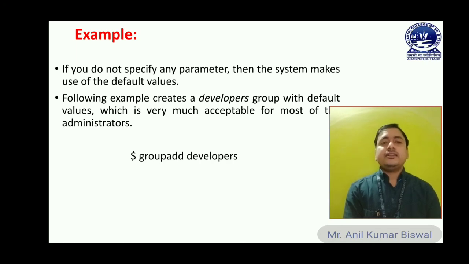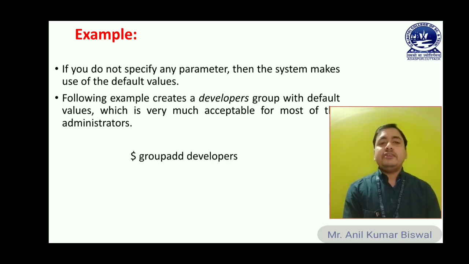Next, we learn the different examples. Here, if a user wants to create a developers group with default values, which is very acceptable for most administrators, the user must create an account. By using that account, the user can access group information. How is it possible?